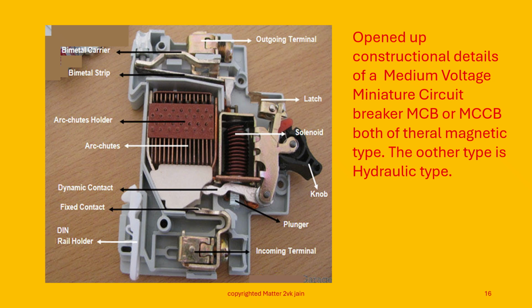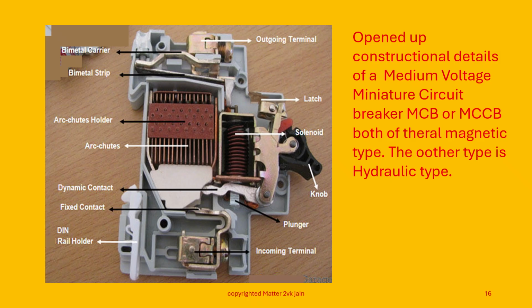Friends, the figure on the left hand side shows a typical configuration of miniature circuit breaker, or for that reason molded case circuit breaker MCCB of thermal magnetic type. The other types of circuit breaker are hydraulic types.